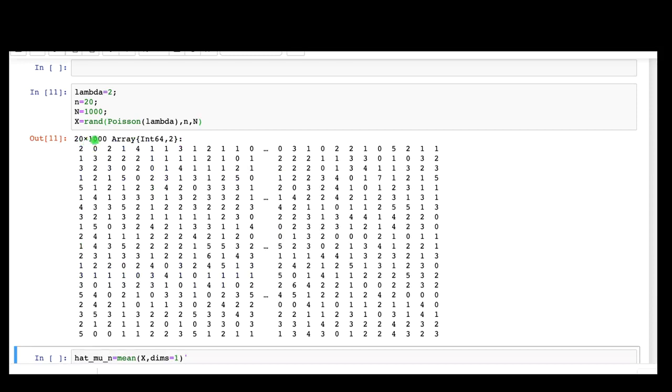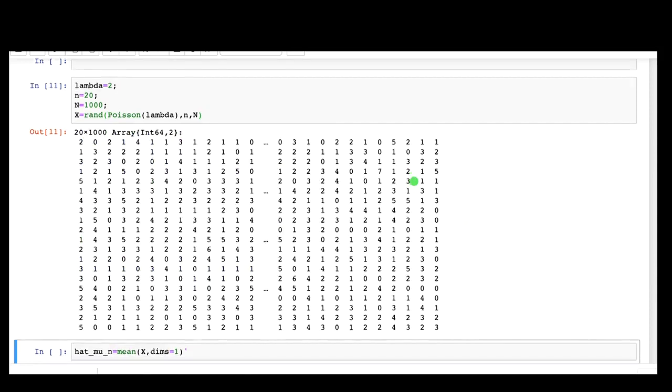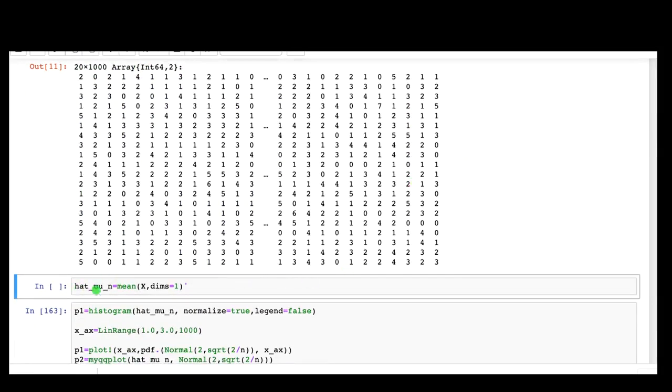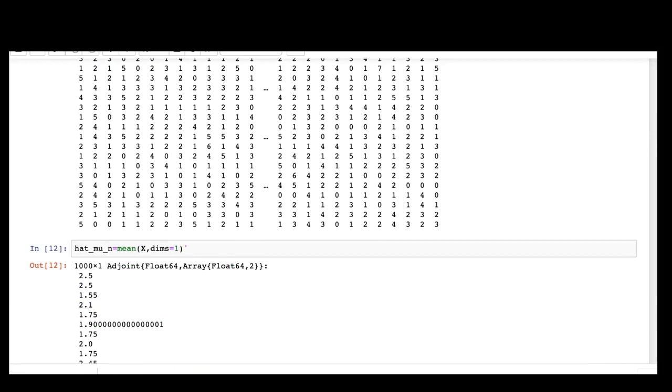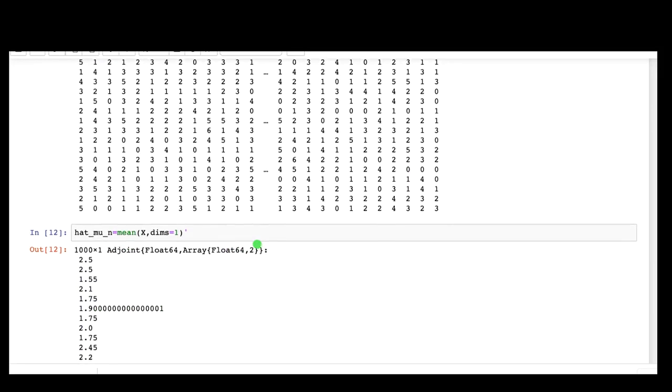So that's a 20 by 1000 matrix, and these are the draws from the Poisson distribution. As you can see, these are all integers as they should be. Now we take the mean of each of these columns, and that will give us a vector of 1000 sample means, where each mean is from a sample of size 20.